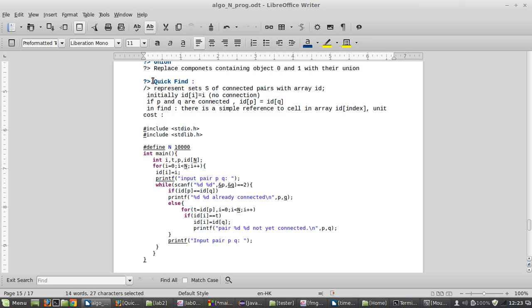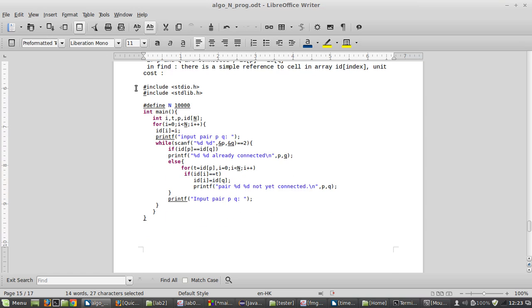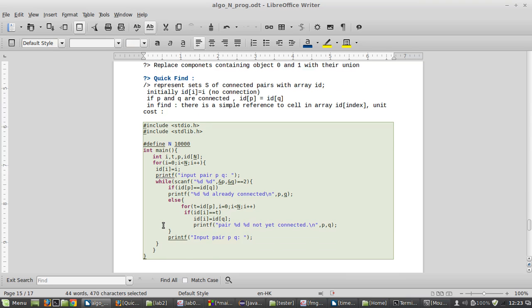For example, if you want to make these two components one component, union is used. The first component and the second component can be merged together using this union algorithm.